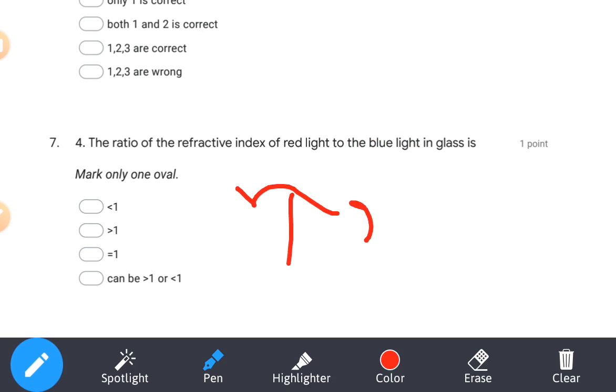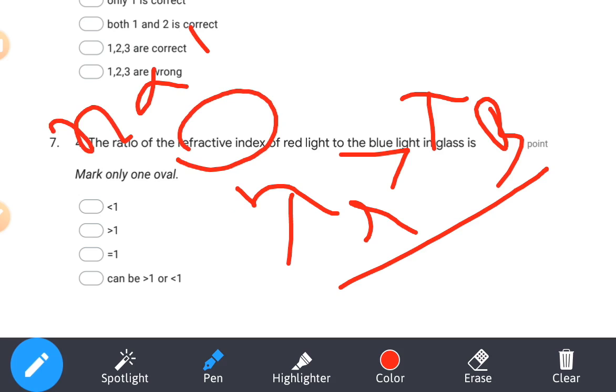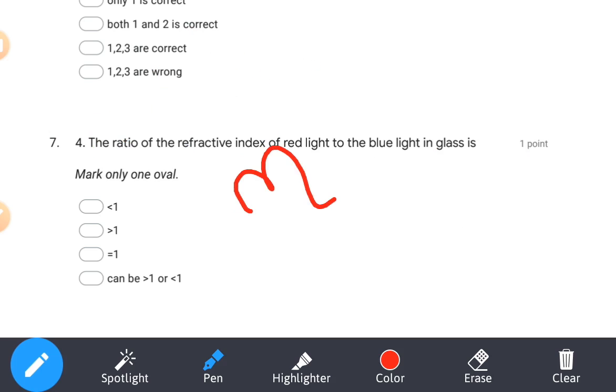Now one thing you remember, the wavelength of the red color is greater than the wavelength of the blue color. So what will be the refractive index? It will be inversely proportional, right? So we can say that the refractive index of the red color will be less than the refractive index of the blue color.